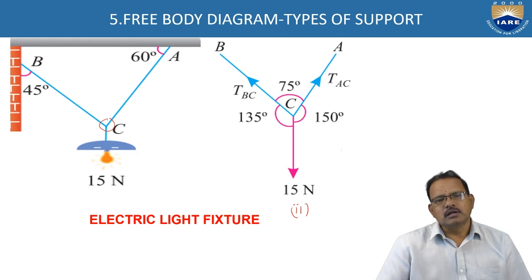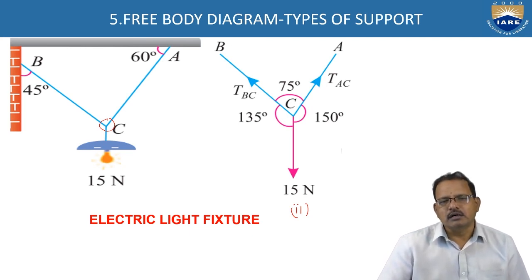Later, draw the same figure and represent the reactions offered by the supports on it, and resolve the forces along the x direction and the y direction, and determine the unknown forces which are acting on it. So, the free body diagram is the most important for the students to solve the forces which are acting on it.